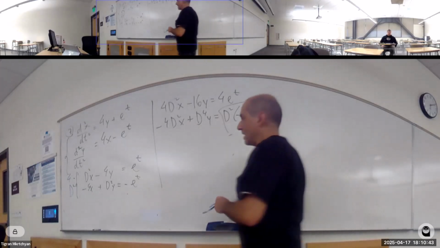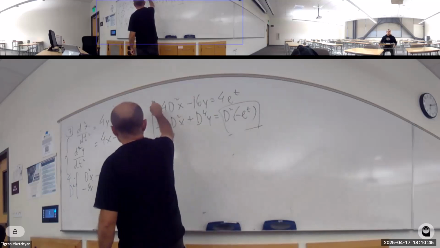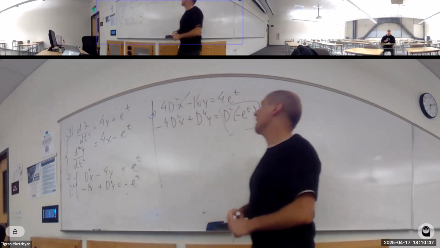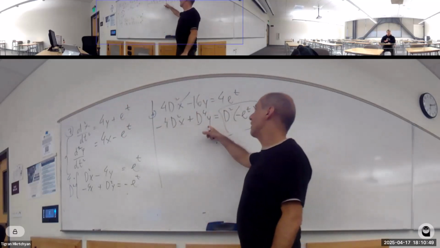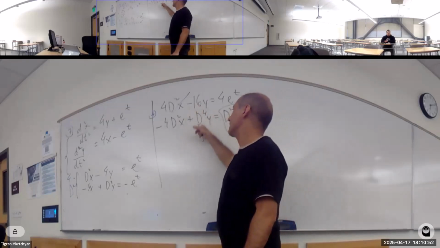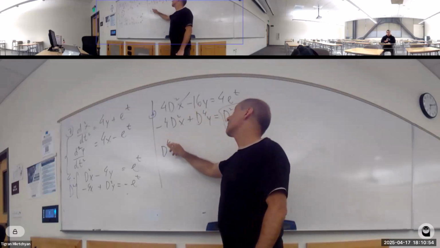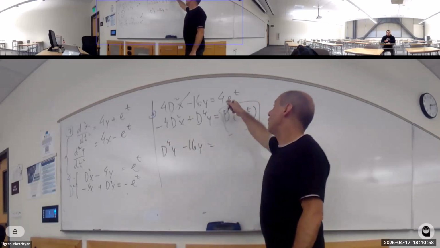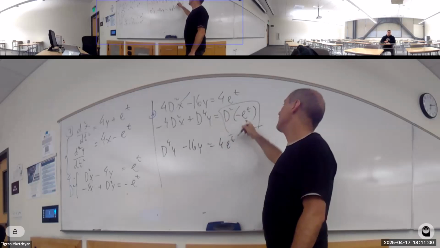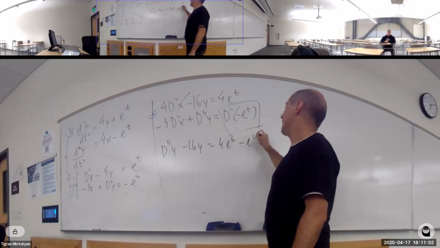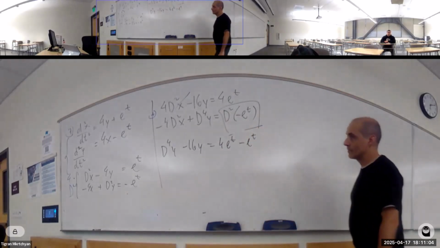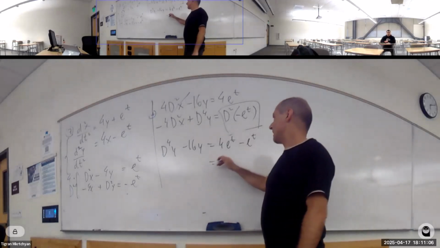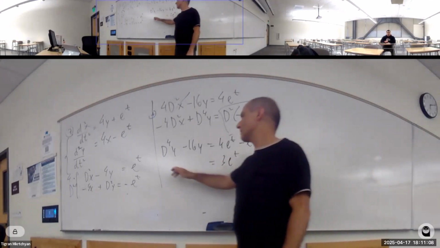So now we add those guys together. X goes away. So we have this minus that, or that plus that. And that's a 4 e to the t. We decided this is that. So that's basically 3 e to the t, right?